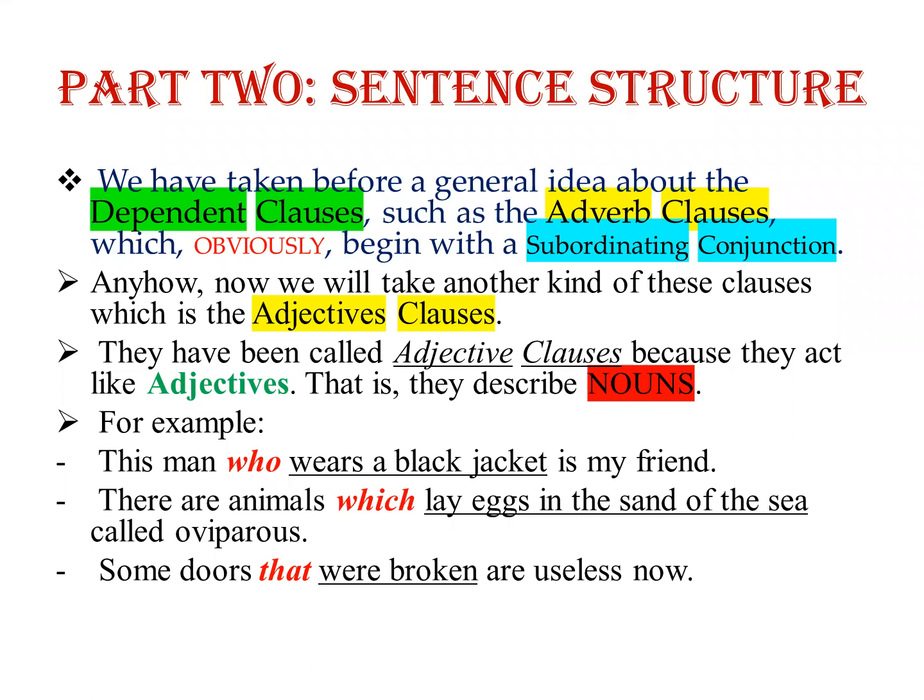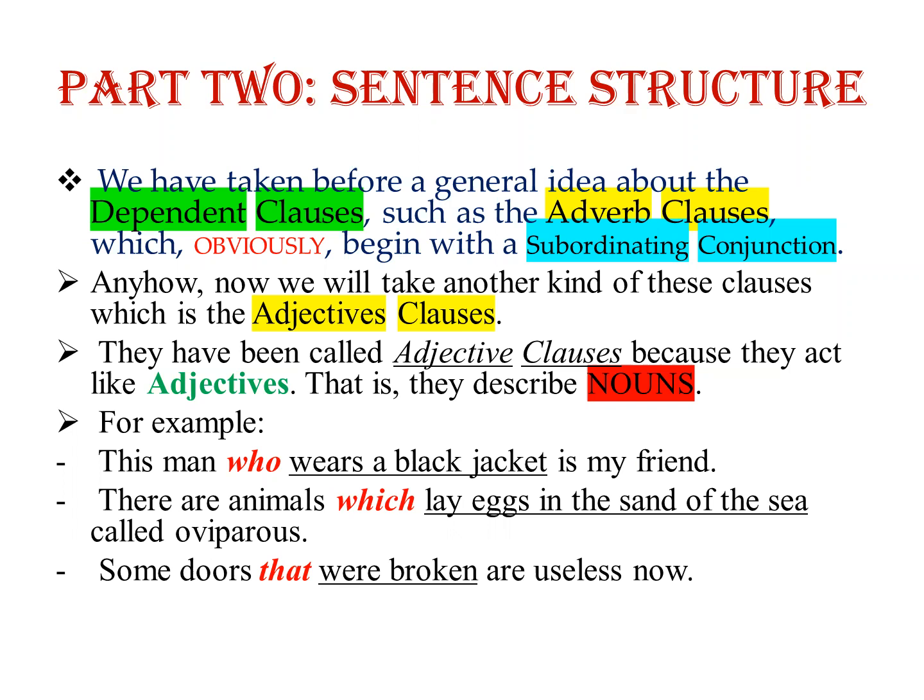Also, there are animals which lay eggs in the sand of the sea, called oviparous, and so on. Some doors that were broken are useless now. So if you delete the adjective clause, sometimes the sentence becomes not obvious, and sometimes this adjective clause is really necessary to understand the meaning of the sentence.